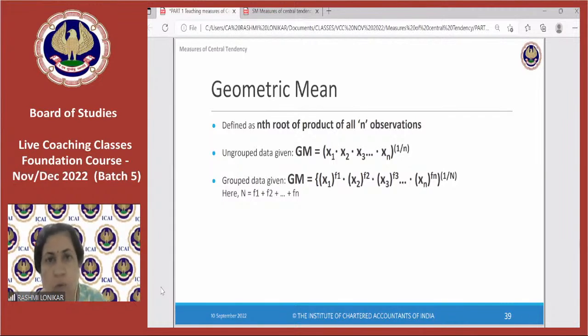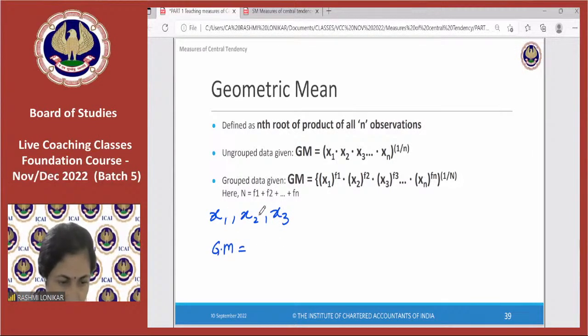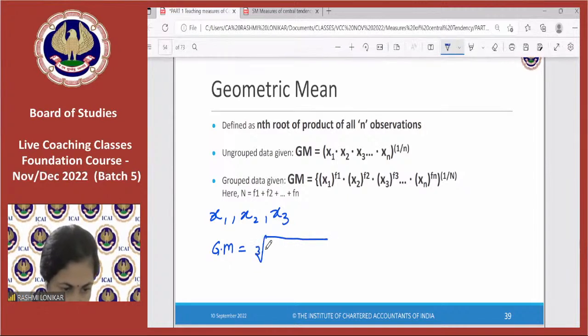For grouped data, I have to use the frequency also. So, for ungrouped data, if my numbers are x1, x2, x3, then the geometric mean will be the cube root of x1 into x2 into x3. What happens for the grouped data?